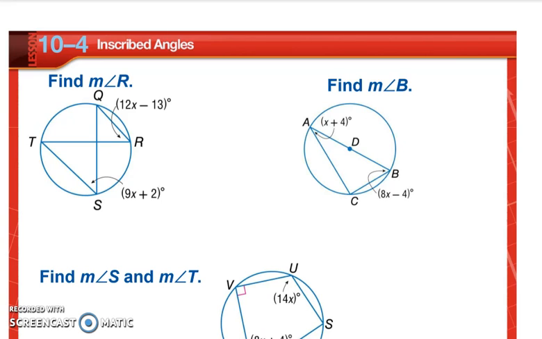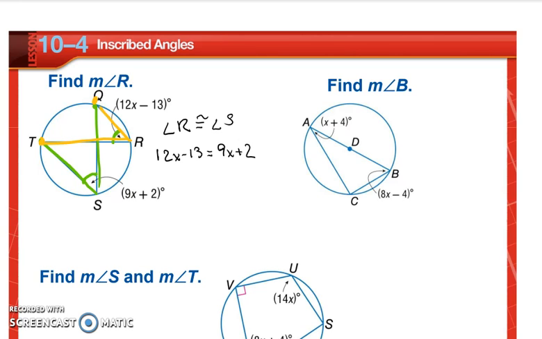So here's our new example. I've got this inscribed angle, this inscribed angle. The endpoints of this one, Q and T, match up with the endpoints of the other one, Q and T. So that means the angle R is congruent to angle S. So we can say that 12x minus 13 equals 9x plus 2.